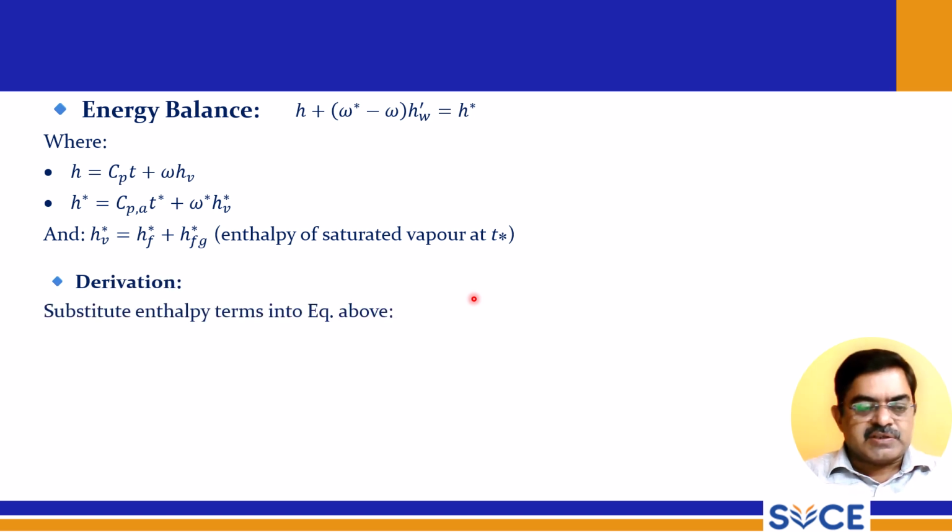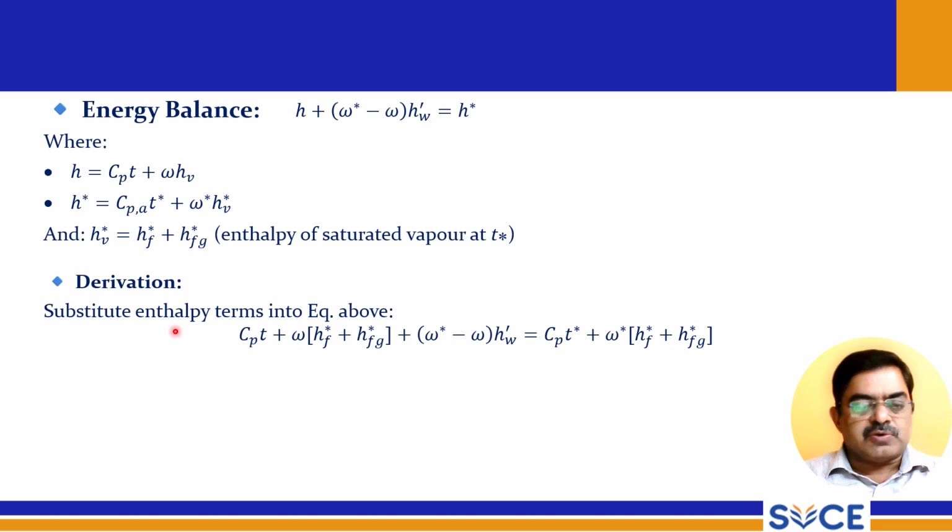Its derivation is very simple, and by substituting all these terms into the above equation, that becomes Cp T plus omega Hf star plus Hfg star plus omega star minus omega h dash w, which is equal to Cp T star plus omega star Hf star plus Hfg star.